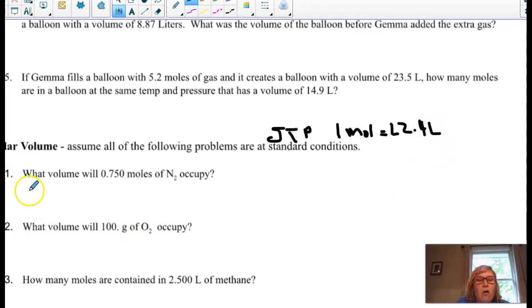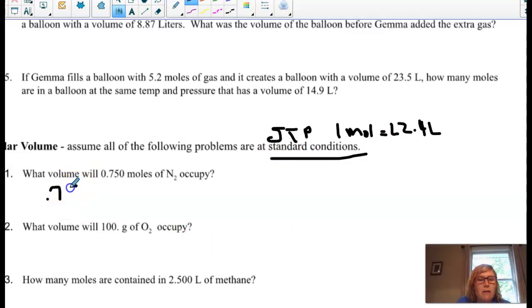Okay, so what volume will 0.750 moles of N2 occupy? Well, I can just use this relationship up here. 1 mole is equal to 22.4 liters because all these problems are at standard conditions.